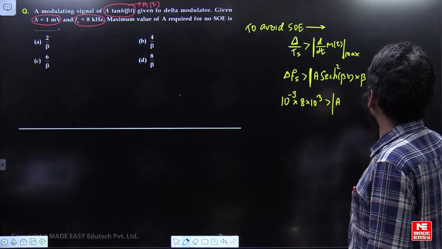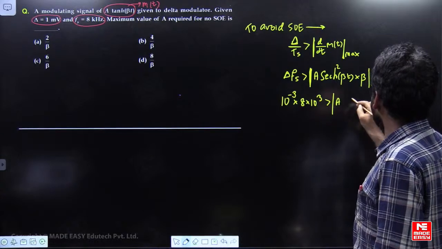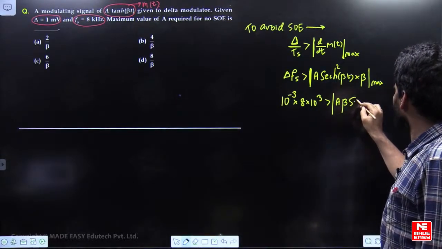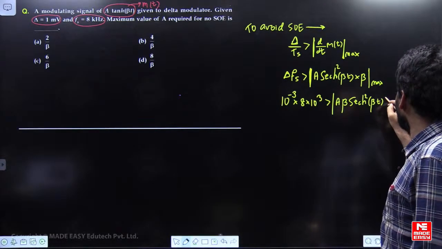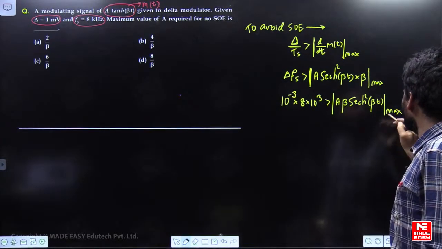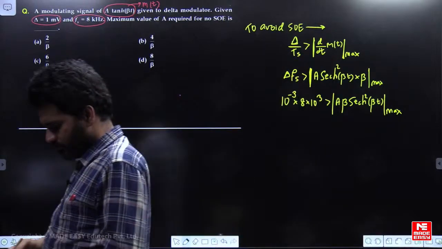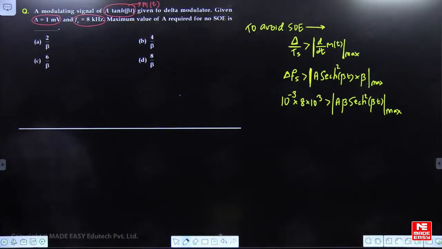So this is A beta sech square beta t, maximum. Most of you are saying option D. Yes, Saurabh, Hari, Sakshi, Rishabh, Ishita, Ashish.